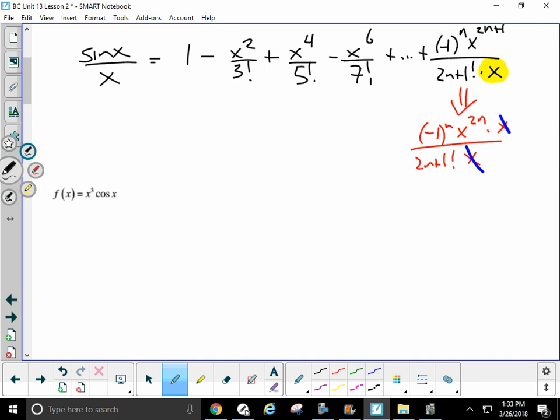And then I think, okay, every other derivative is a 0, so I'm skipping every other term. It's all about which term I start at. Do I start at 1 or do I start at x? Well, cosine of 0, the function value is 1. That's showing me I start out at 1 for this guy. Okay, go ahead and do this one. Write the first 4 terms and the nth term for the Taylor series for cos x times x cubed.